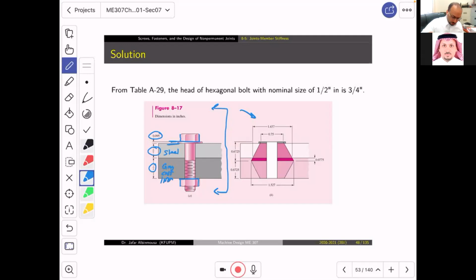If we go to table A29, we will see that, look, in the question we were told, let me show you over here. We were told that the bolt is, look, it says 1 inch, okay?